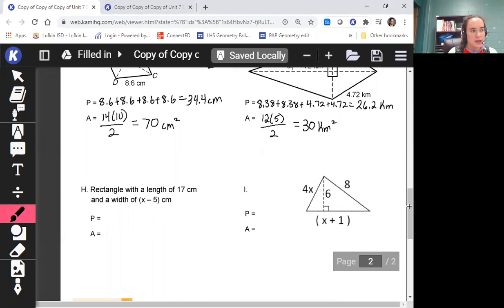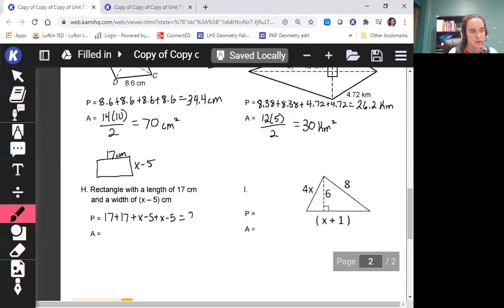Next up, we have a rectangle with a length of 17 centimeters and a width of x minus 5 centimeters. So if you need to draw this, we have 17 centimeters for a length, width of x minus 5 centimeters. So to find our perimeter, we can add 17 plus x minus 5 plus x minus 5. And then we combine our like terms.